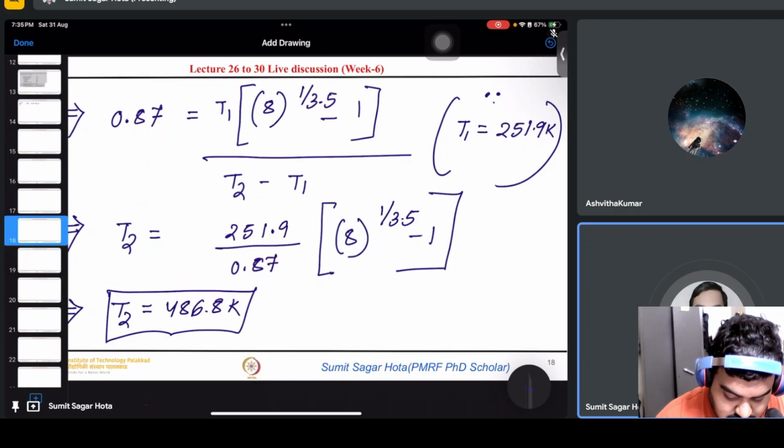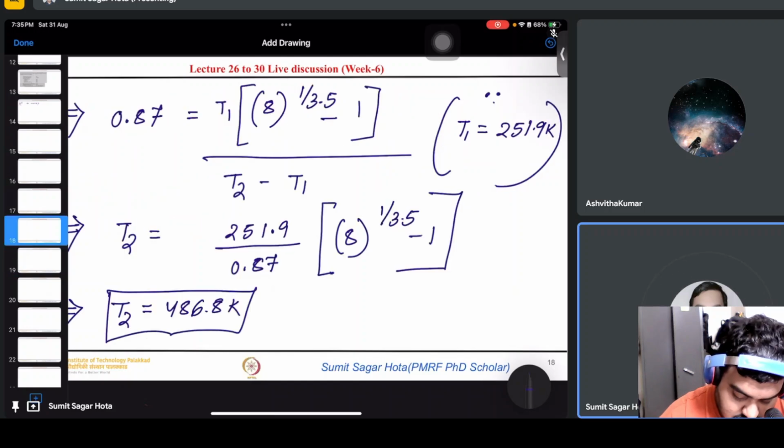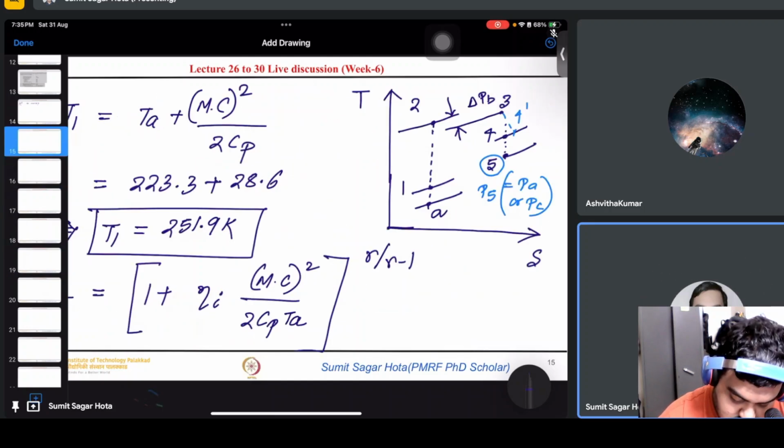So what is T2? 486.8 Kelvin. What is T1? 251.9 Kelvin.